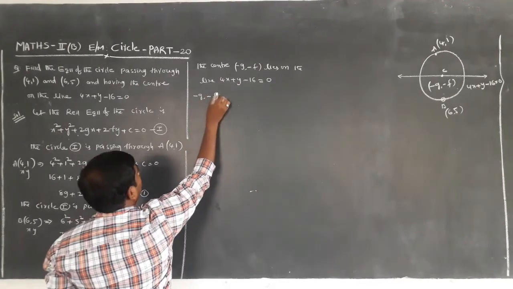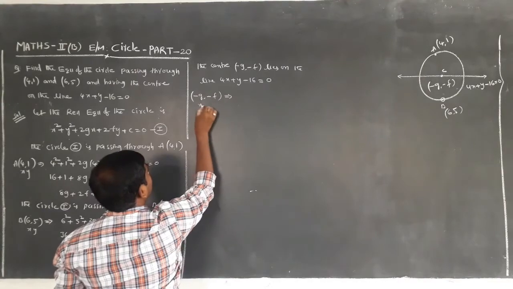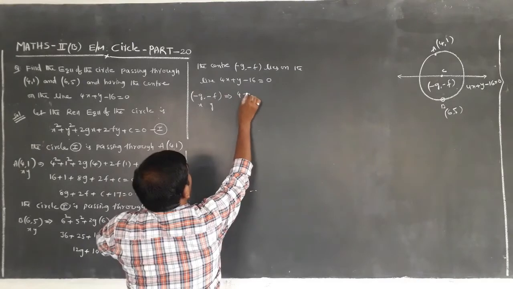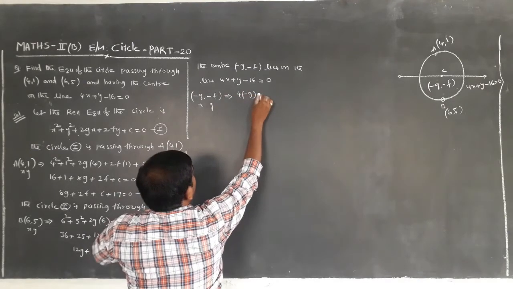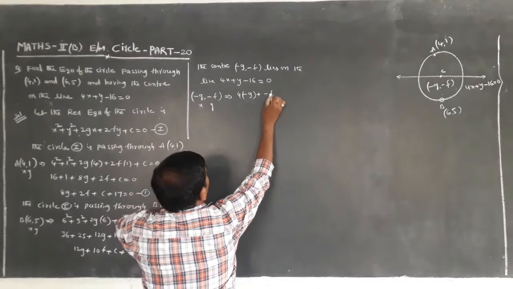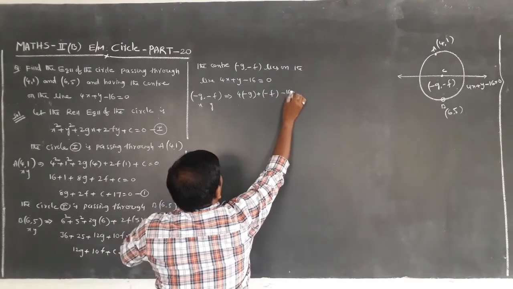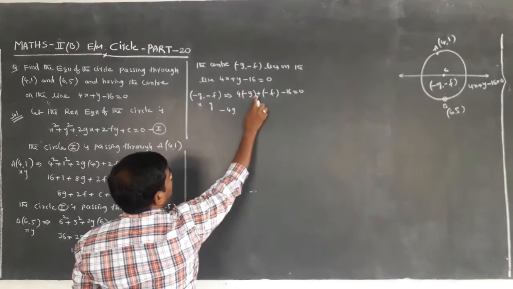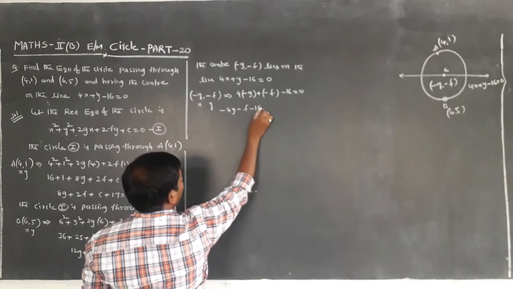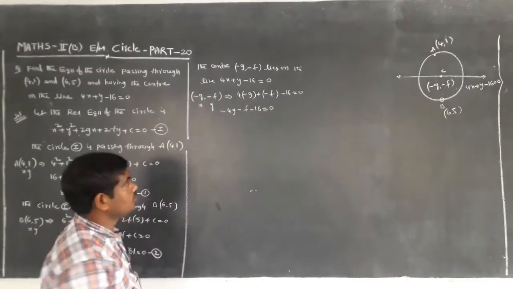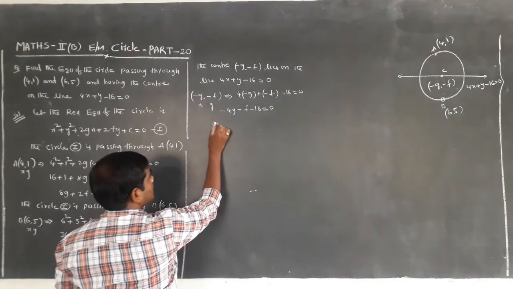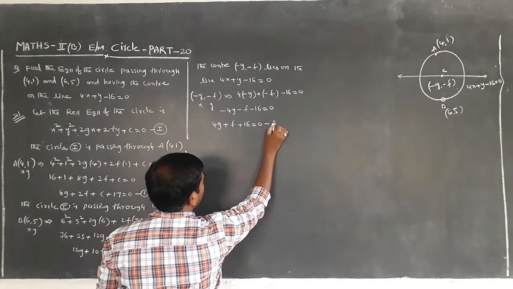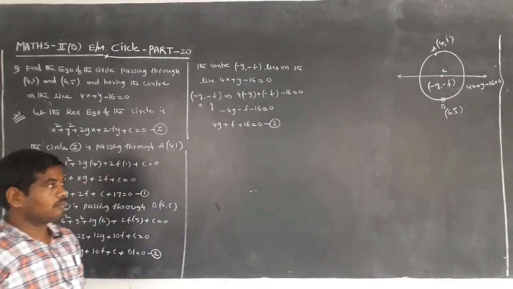Substitute (-g, -f) in the above equation: 4 into minus g plus minus f minus 16 is equal to 0. That is minus 4g minus f minus 16 is equal to 0. Multiplying with minus, 4g plus f plus 16 is equal to 0. This is equation number 3.